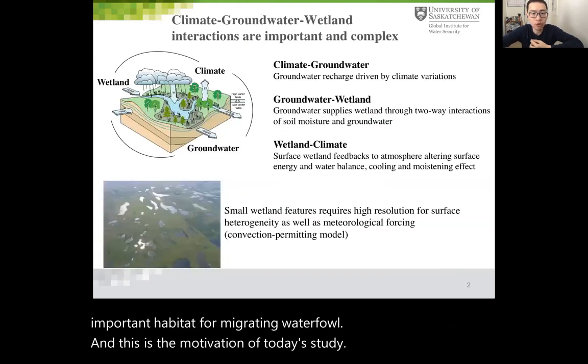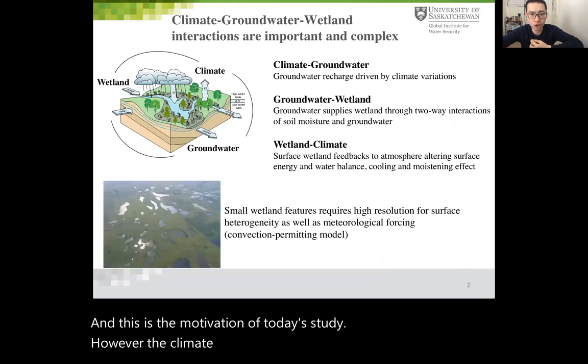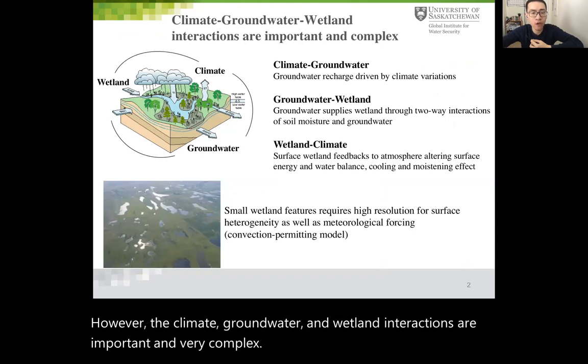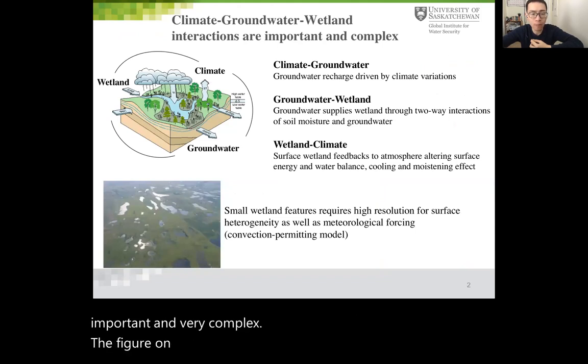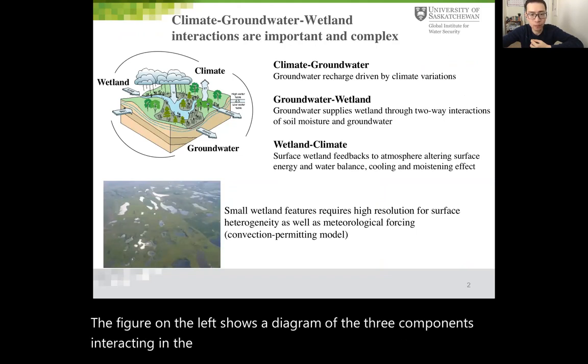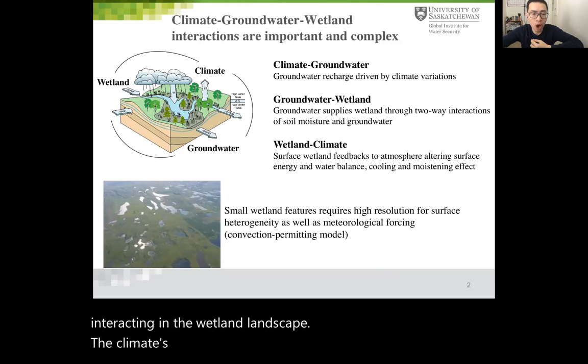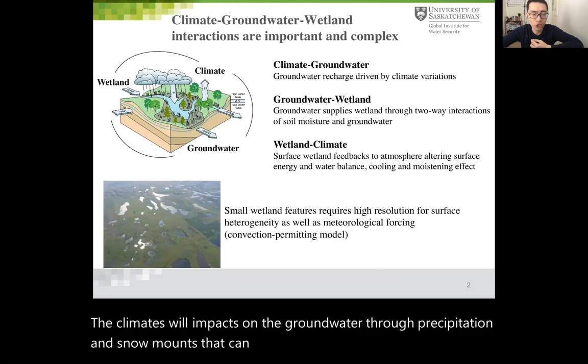However, the climate, groundwater, and wetland interactions are important and very complex. The figure on the left shows a diagram of the three components interacting in the wetland landscape. The climate will impact the groundwater through precipitation and snowmelt that can impact groundwater recharge.